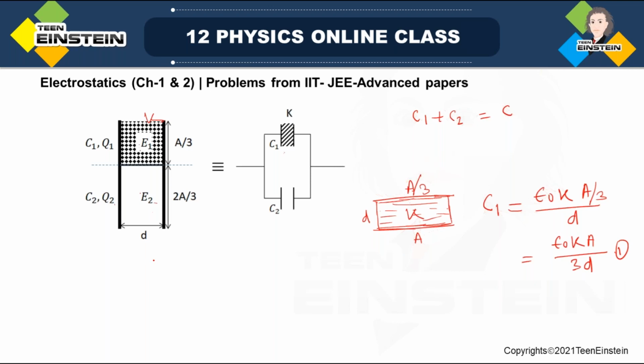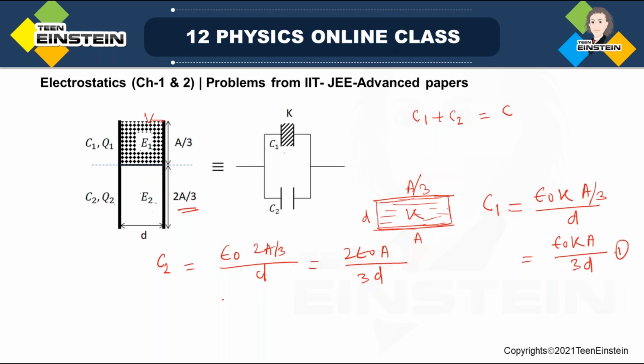And what is C2? C2 is epsilon 0 times the area, now 2A by 3, divided by D. That means 2 epsilon 0 A by 3D. This is the capacitance C2.